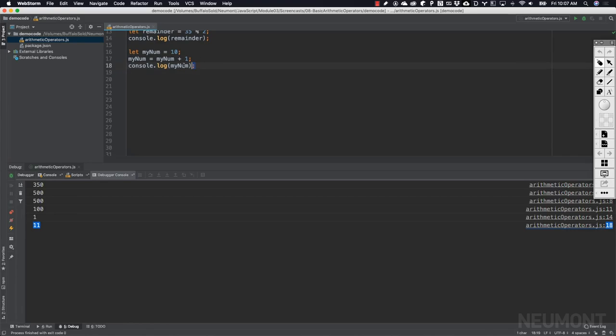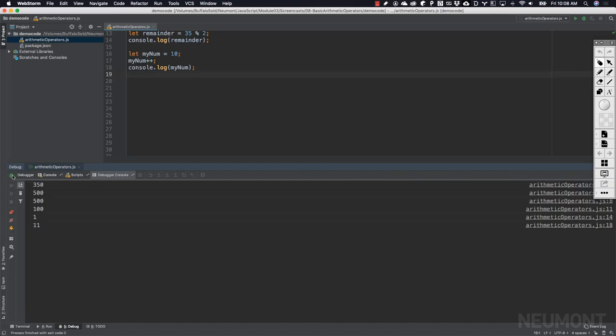Instead of having 3 lines of code to accomplish the incrementation of the initial variable, we can use the increment operator. So I have my num up here equals 10. Now, instead of doing this, I can simply say my num plus plus and then a semicolon.